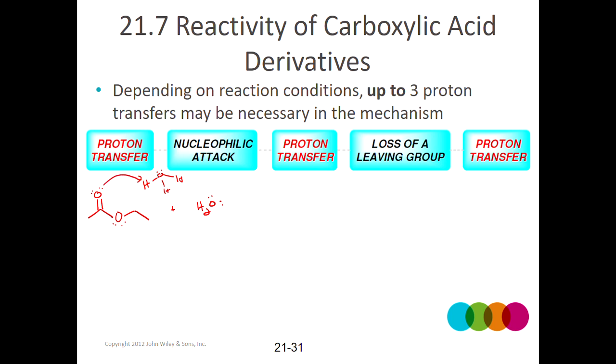So this would pick up a proton. Then the water could attack. And so the first step was the first proton transfer, and now we're doing the nucleophilic attack, pushing electrons up.